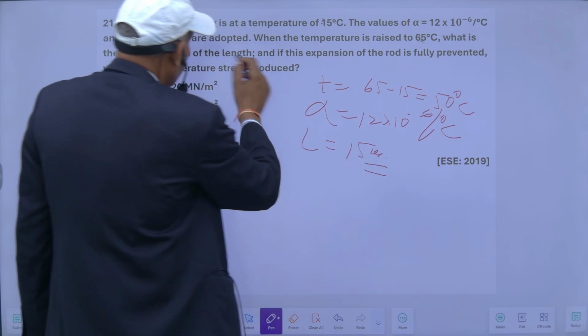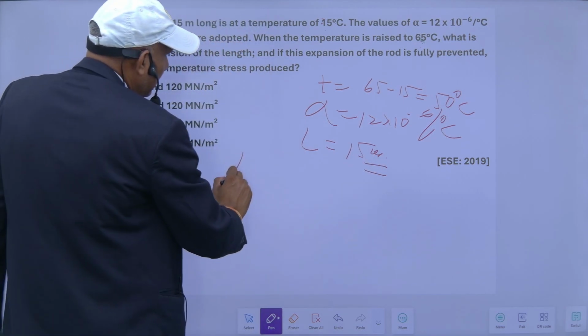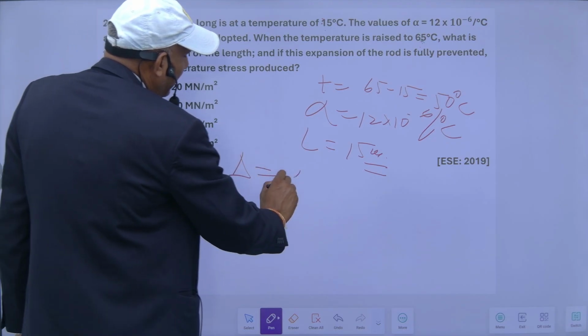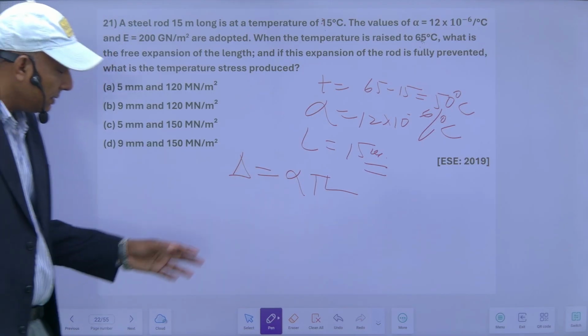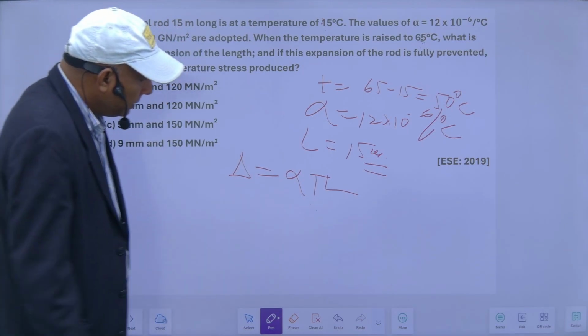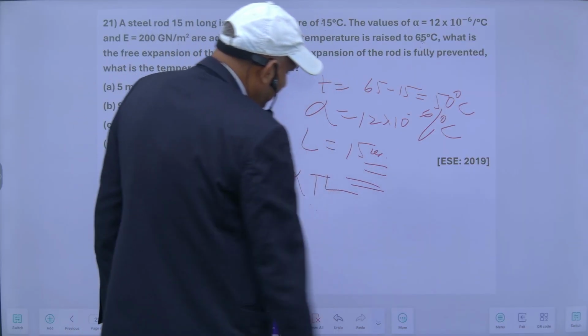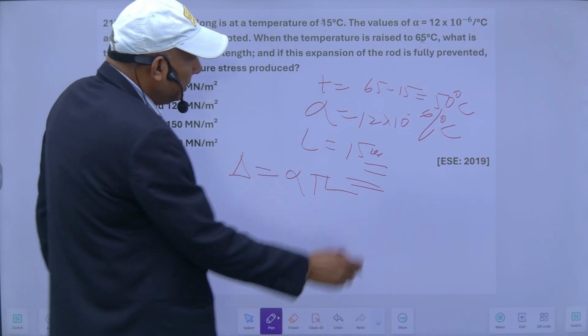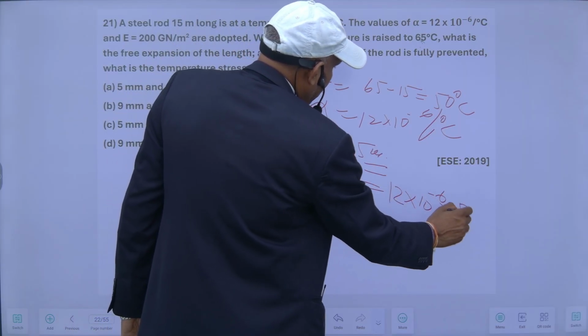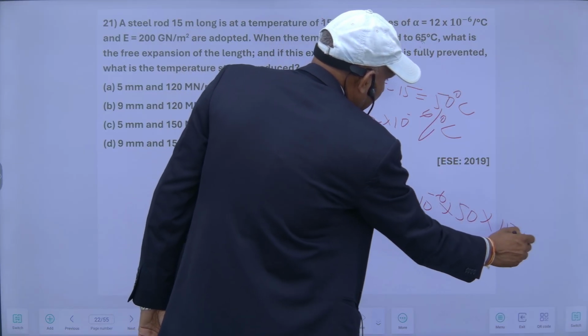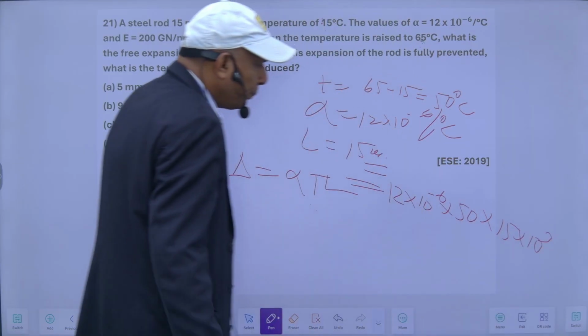So what is the free expansion? Free expansion means this delta is equal to alpha TL. So this is the change in length, free expansion due to temperature. This is the formula we have to regularly keep in mind. So alpha TL means this alpha into temperature 50 into length 15 into 10 raised to the power 3 is in mm.